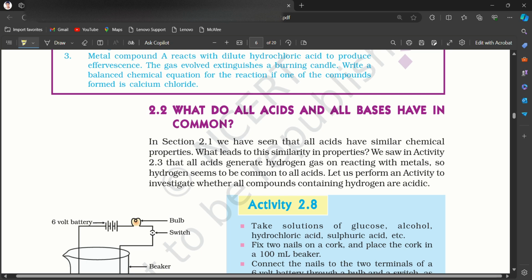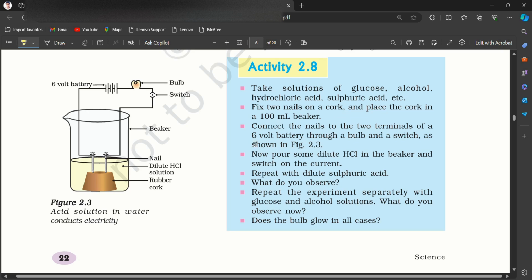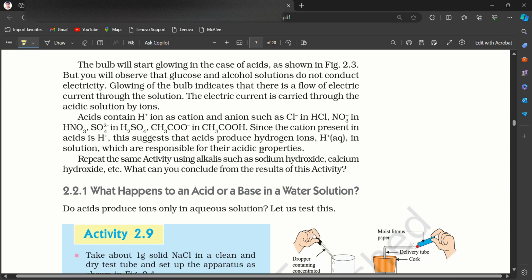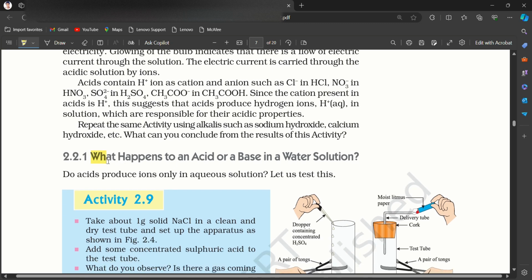I told you that you have to study by differentiating the similarities, how both react with metal and what the products are. When you differentiate on the basis of category or reactions, you will remember more efficiently. कॉमन इनमें क्या है, इनमें डिफरेंस क्या है, so you will get a lot better in chemistry.